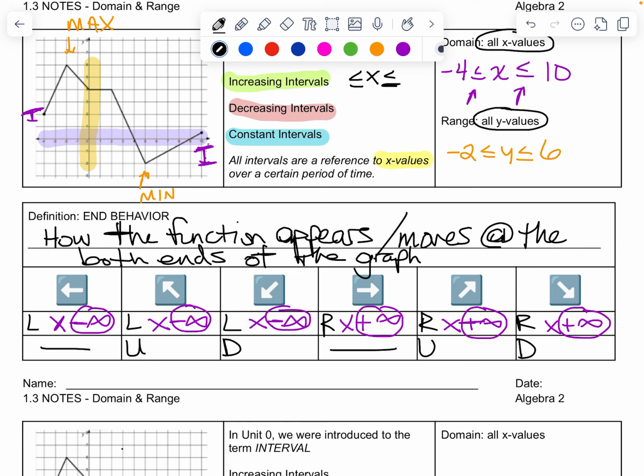And that is a y value word. So again, whenever I see the word up, I know that the graph is heading towards positive infinity. The y values are going to continue to climb no matter what, and down, of course, for negative infinity.